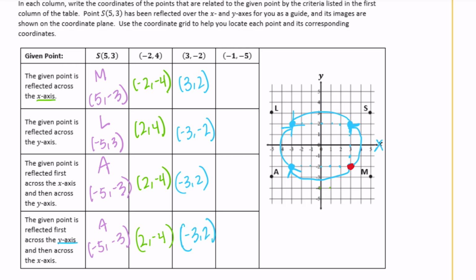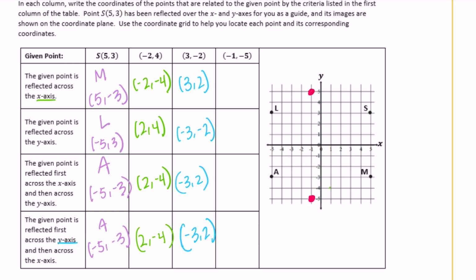And then the last one, -1, 5. Is right there. Oh, sorry, -1, -5 would be down here. Okay, let's reflect it across the x-axis.